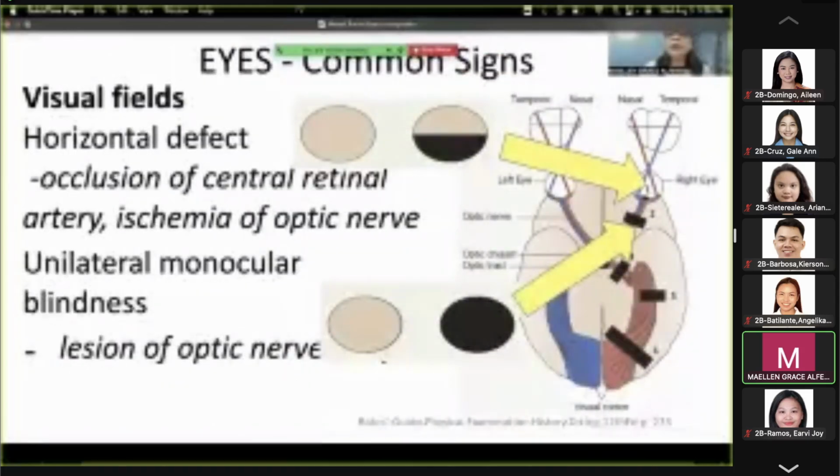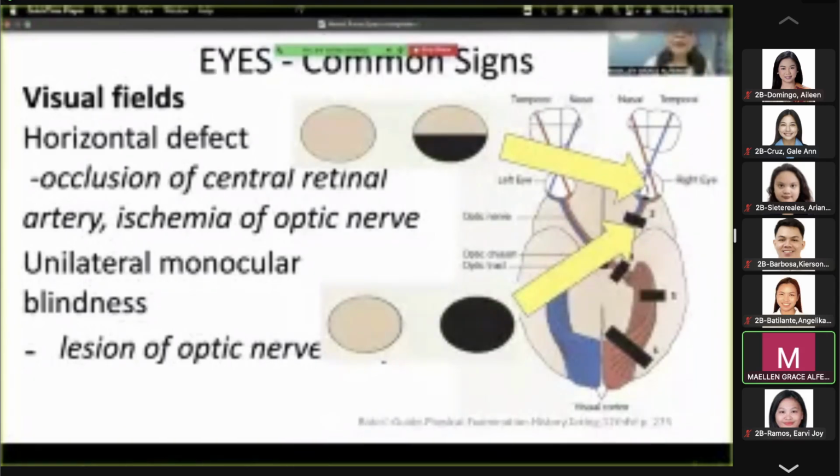All right, we now go to visual field. Now, when you check the visual field by confrontation, you can document the defect. So the patient might not be able to see the lower portion as depicted here. So this is a horizontal defect wherein the lesion is at the right side of the eye. The one that is affected is the central retinal artery, which is occluded, or there is ischemia of the optic nerve.